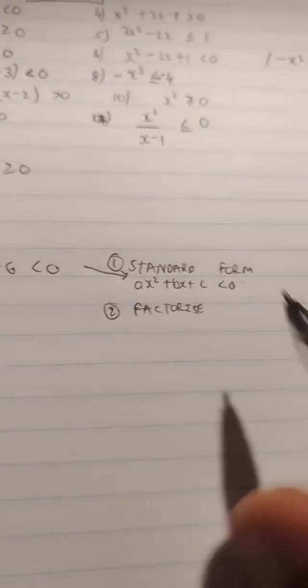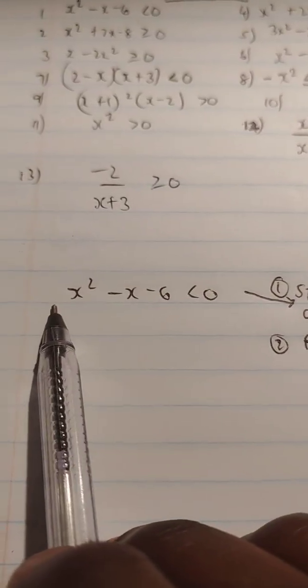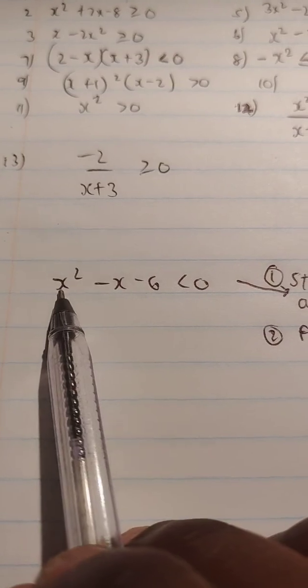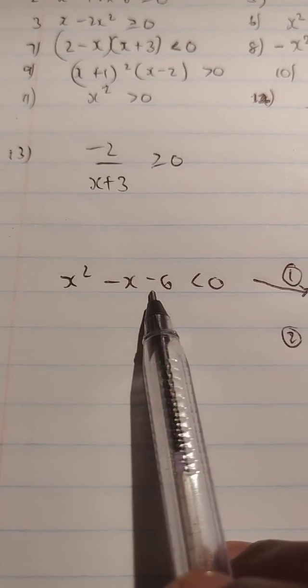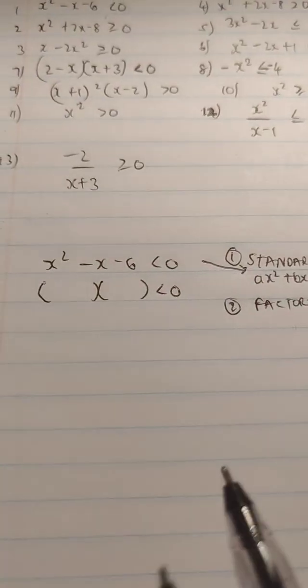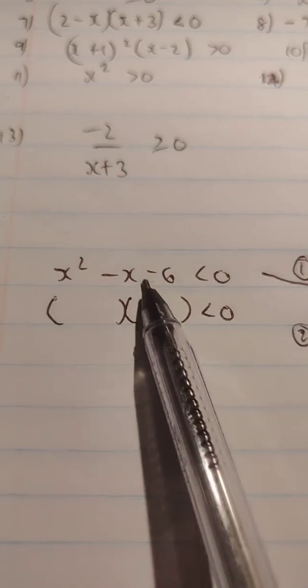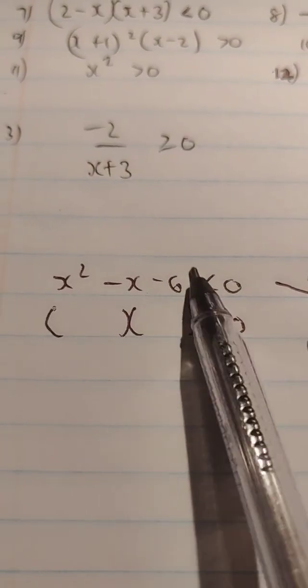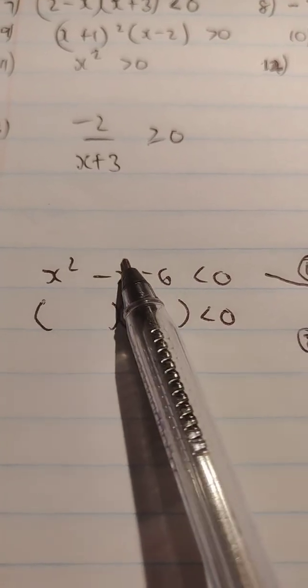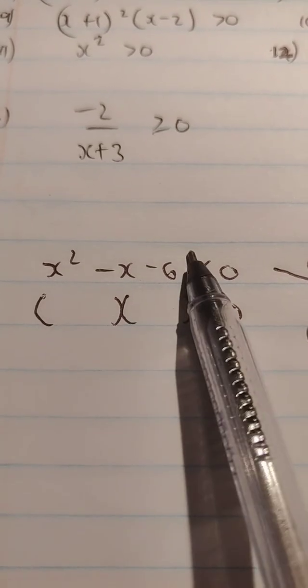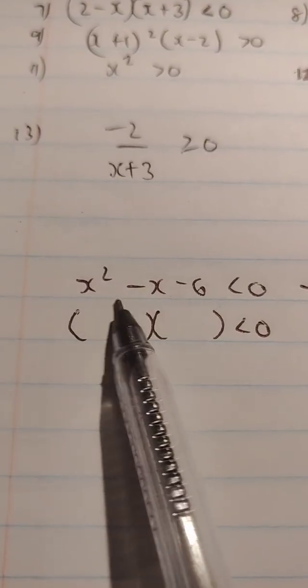we factorize. Surely at this stage we should be in the position of factorizing x squared minus x minus 6. We open two brackets because we need factors of 6 which, when multiplied, give us negative 6 and, when added, give us negative 1.